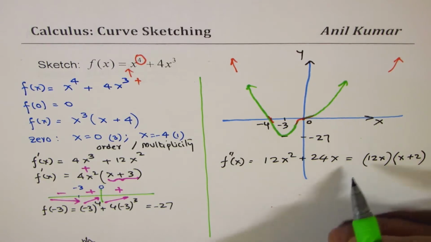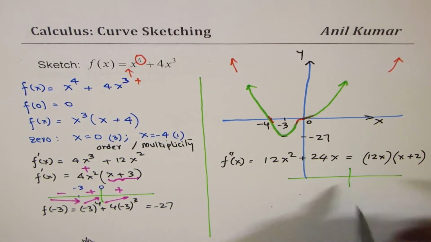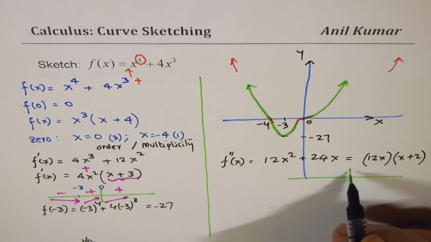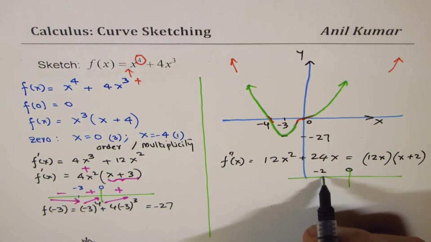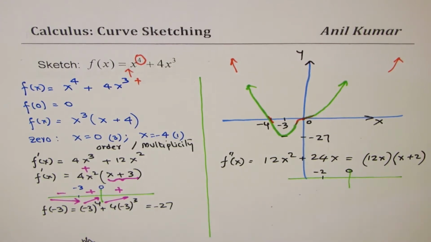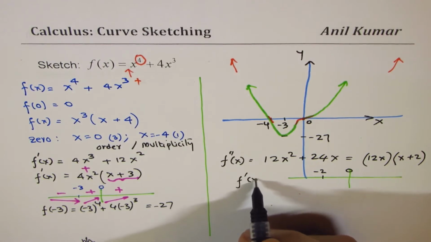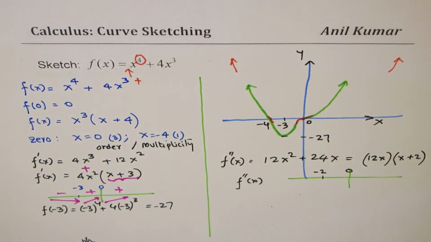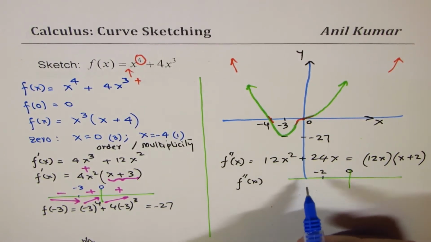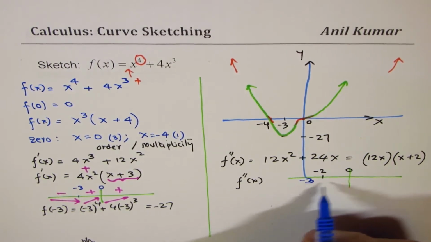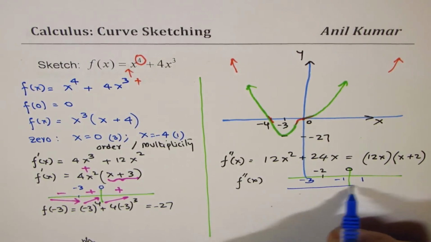Now that means we can analyze two values here, which are x equals 0 and minus 2, right? Analyzing the second derivative for these points, we can take test points as minus 3, minus 1 and plus 1, correct?